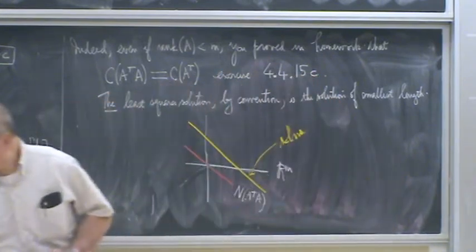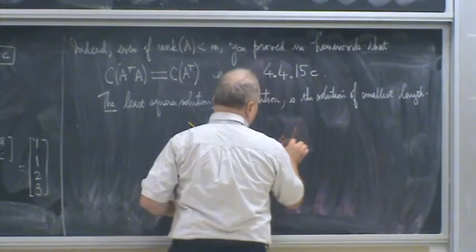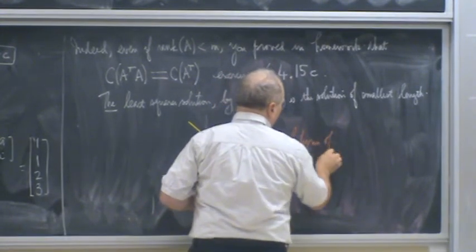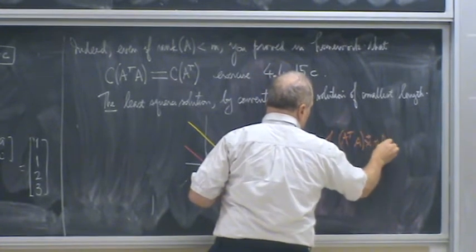Solutions of A transpose A X equals A transpose B.